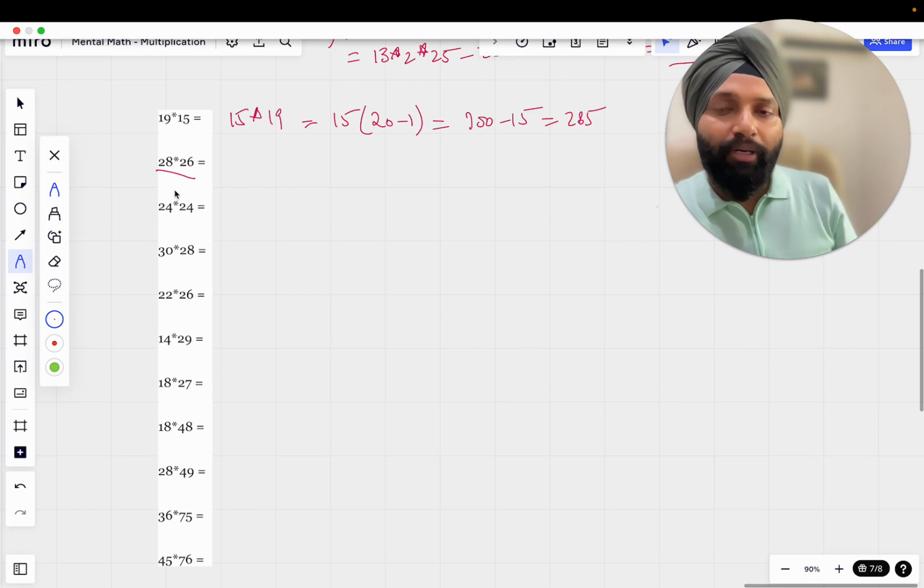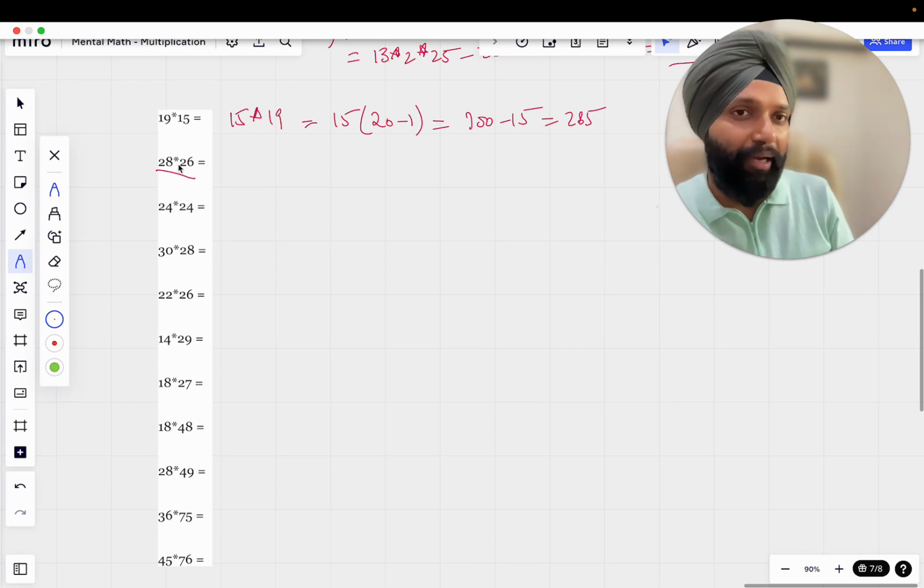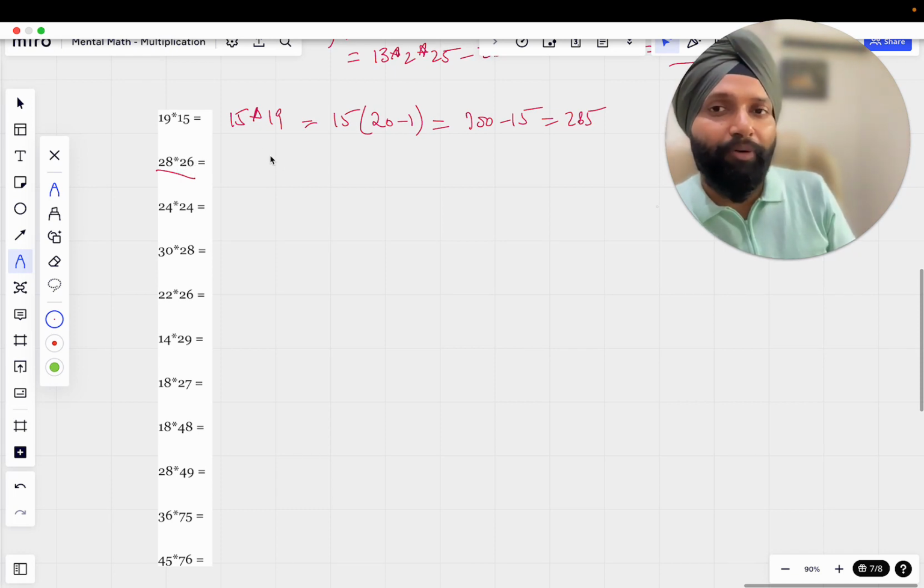So now when dealing with multiples, or when one number is around 25, I've covered it in another video. Whenever we are multiplying with 25, we can look at 25 as 100 by 4. So I look at it as 28 into 25 plus 1. Now 25 is just 100 by 4, which means I'm going to just divide 28 by 4 and multiply it with 100.